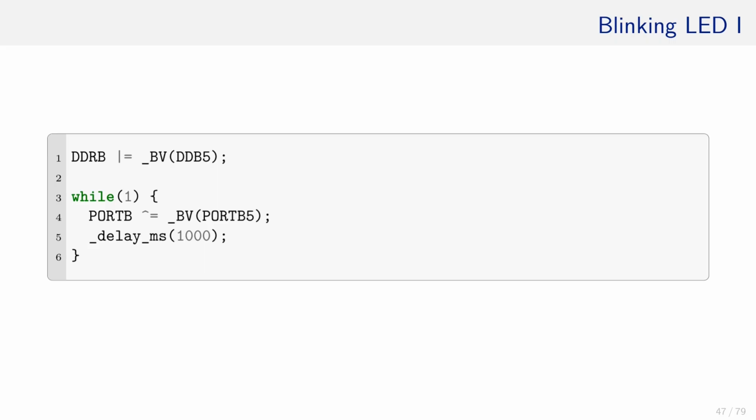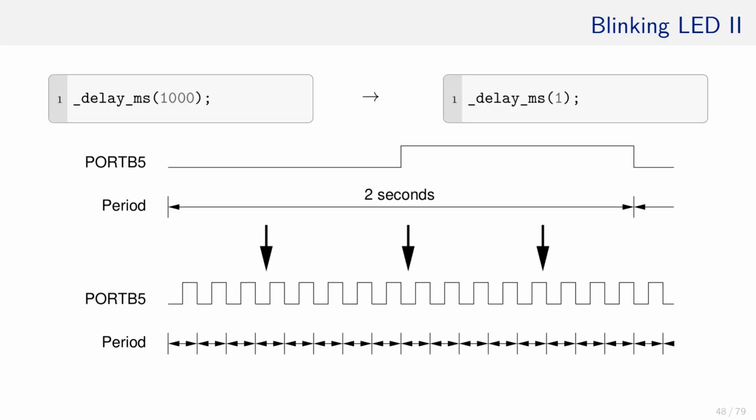If I want to reduce the time and make it blink faster, I reduce the parameter in delay ms. Simple, right? So I can make the blinking of the LED arbitrarily faster. What happens if I make it extremely fast with very short periods?